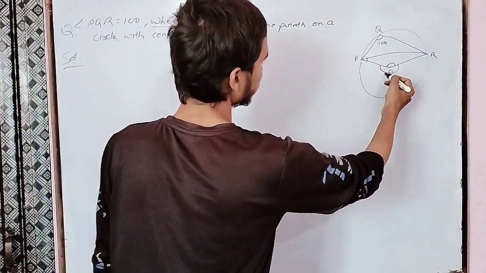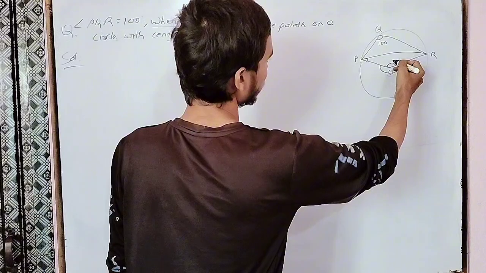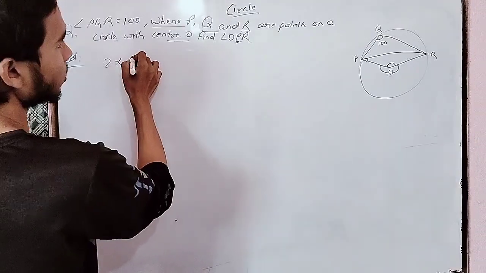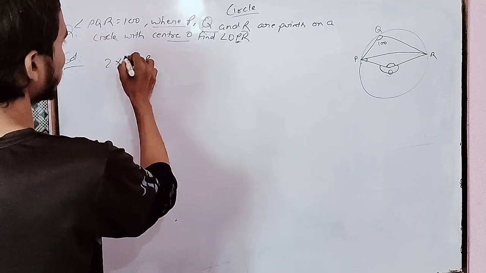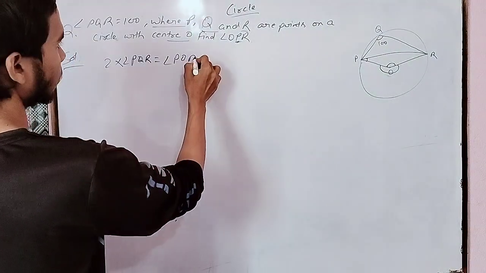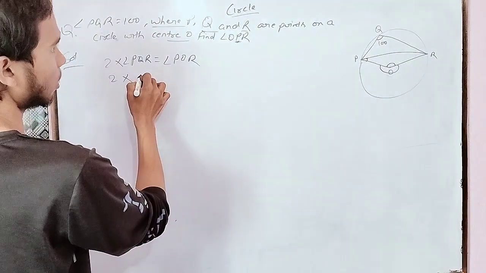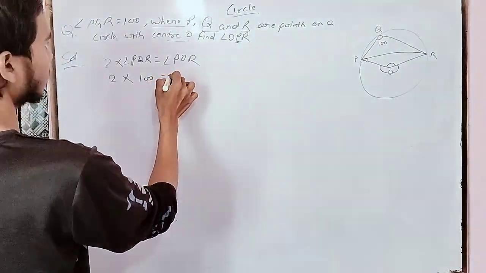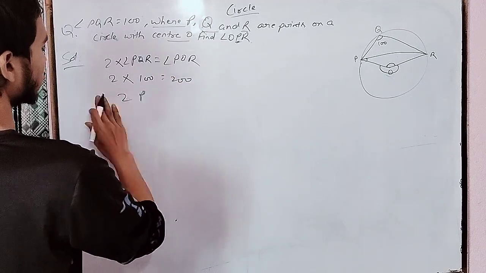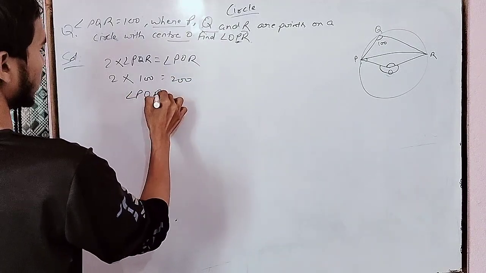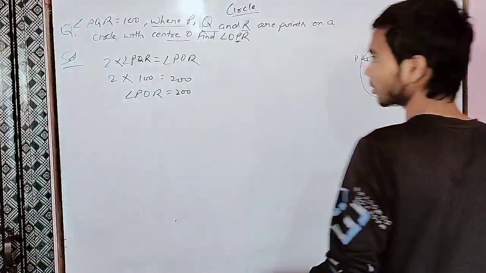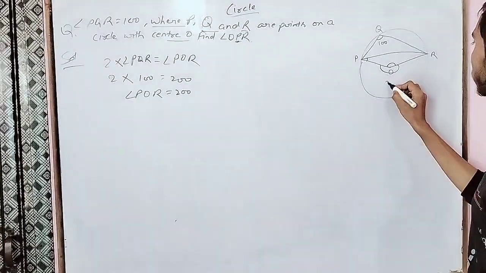So to find this, 2 multiplied by angle PQR will equal angle POR. 2 multiplied by 100 will become 200, which means angle POR is 200.